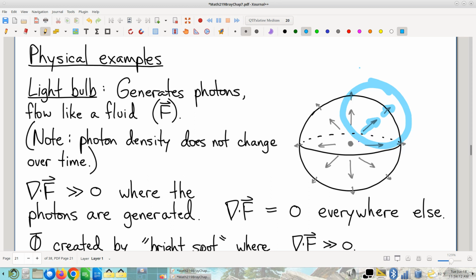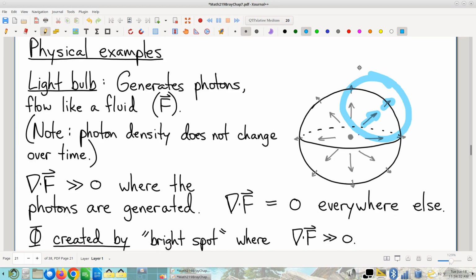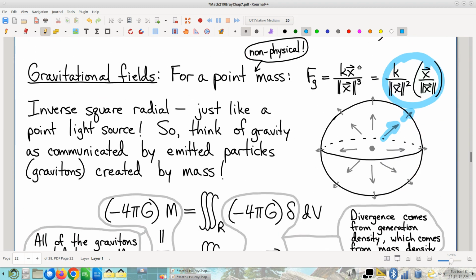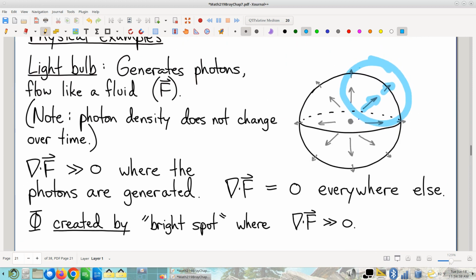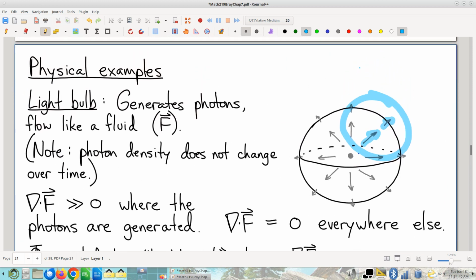It is inverse square radial. Different constants, appropriate to this being a different kind of substance, but exactly the same underlying mathematical structure. So what that means, and this is a wild, outrageous thought, is that gravity seems to behave exactly as if it was a flow of a fluid of some sort.